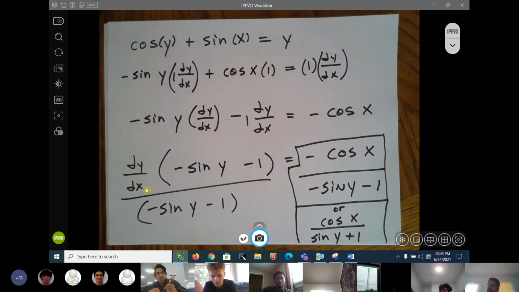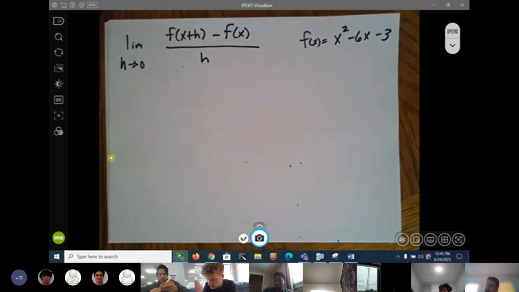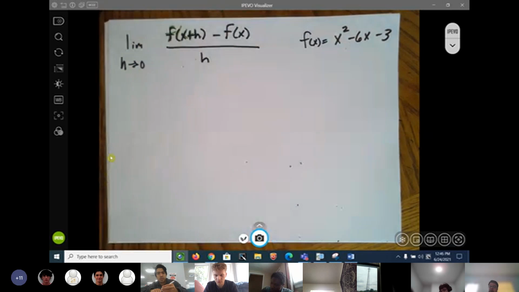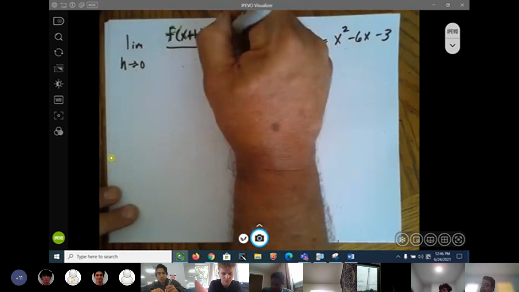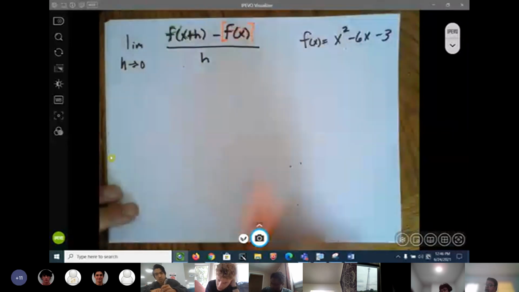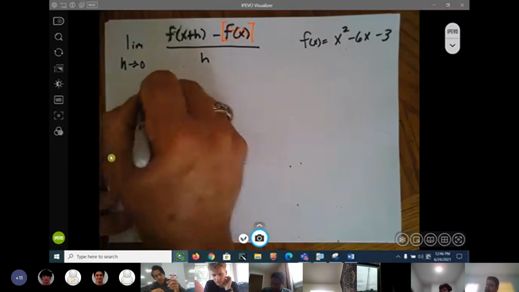So that means I've got to write f of x plus h, and write that in green, and minus f of x in orange. So I got to write a big set of parentheses.